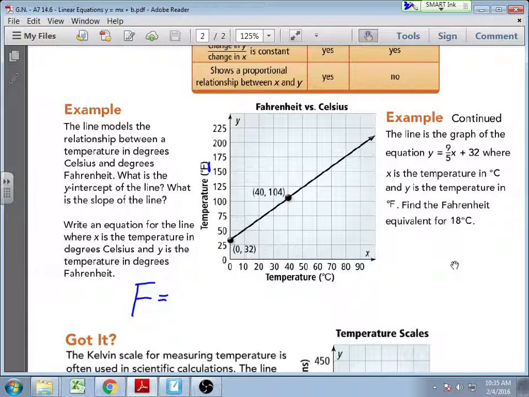And instead of using x, we'll use C, because my x values are C. Now you could write it y equals and use x, but I'm going to write it like this because it's an equation that we actually use. What is my y-intercept? Karen? 32. So my b here will be 32.